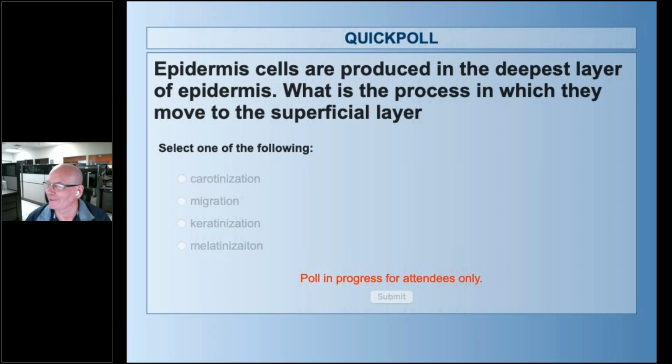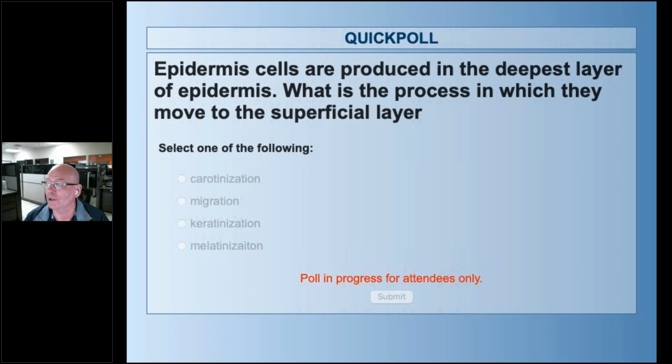I know we go from answering in the question panel to clicking on it, so it's a little bit different. Okay, I'm 50 seconds in at 68%. So go ahead and guess if you don't know, make an educated guess.